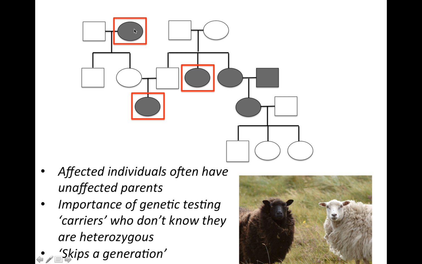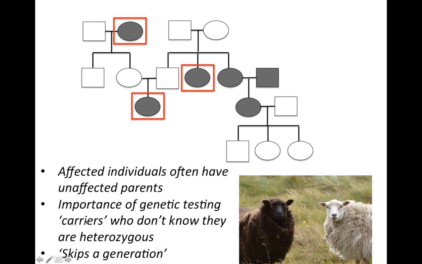But I'd like to point out some other things here, in particular these two individuals that have unaffected parents. This is common in autosomal recessives: affected individuals often have unaffected parents. And this is actually extremely important for human health, because this is where a lot of the importance of genetic testing comes from.